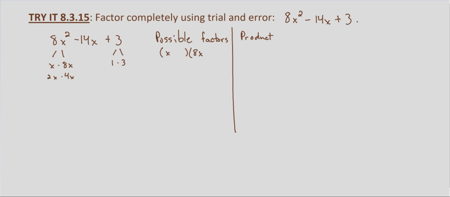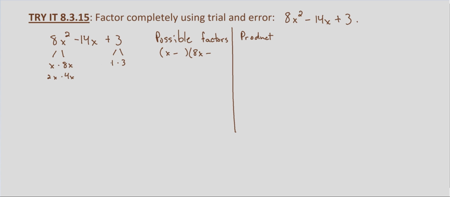Now we know it's going to be minus and minus because we have a negative 14x here. So we know it's going to be both minuses. Minus, minus, and then we'll look at the first with the first and the second with the second to start off.